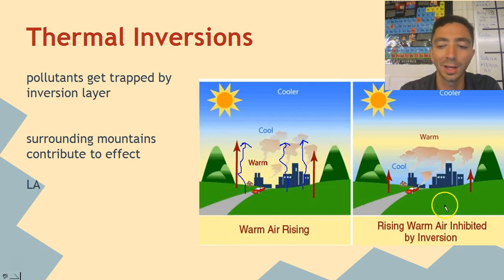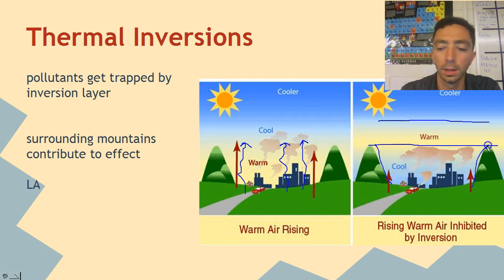But a thermal inversion can happen when there's a layer of warm air that forms over top of the city, usually because there are surrounding mountains that prevent winds from blowing that air out from the side, and so you end up with a warm band of air up top, and the air below it ends up cooling off a little bit.